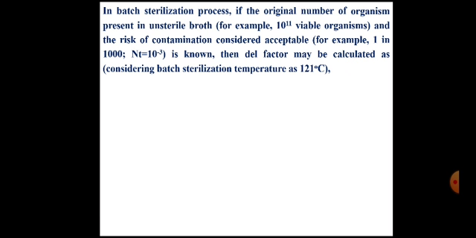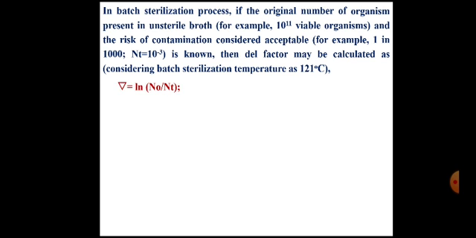Then the Del factor may be calculated as below, considering the batch sterilization temperature as 121 degrees Celsius. This example we have already learned in the topic of sterilization, so I am just going to repeat it to understand the further process of scale up.